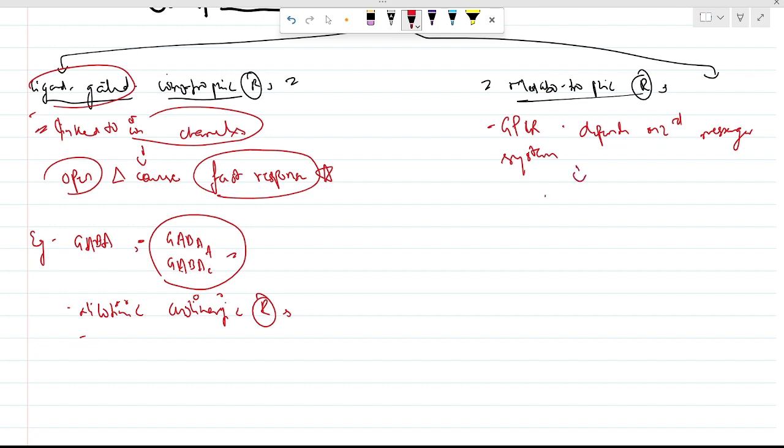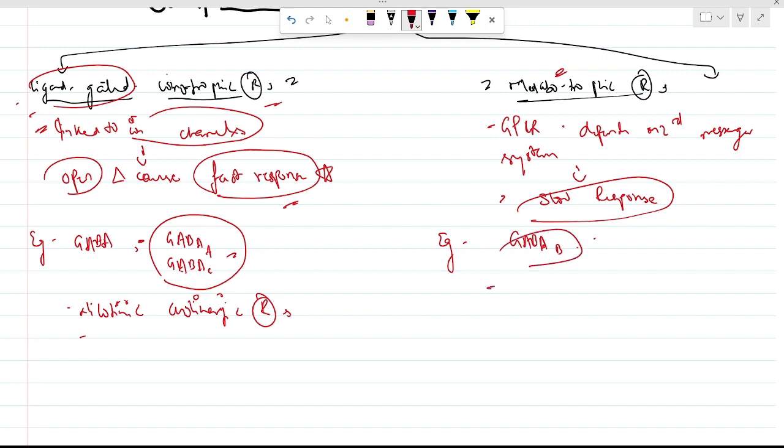So this shows slow response. Metabotropic receptors in comparison with ionotropic receptors show slow response. These ionotropic receptors show fast response. Example, we have seen GABA A and GABA C are ligand gated ionotropic receptors. Here we have GABA B. As I've said, there are three forms of GABA receptors: GABA A, GABA B and GABA C. GABA A and C are ligand gated and GABA B is metabotropic.